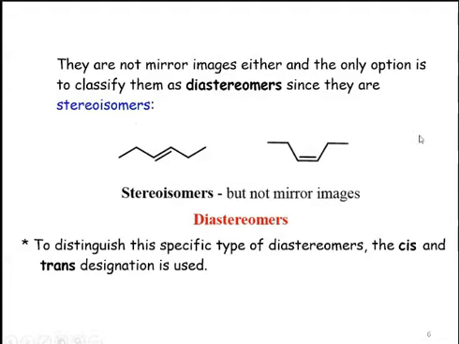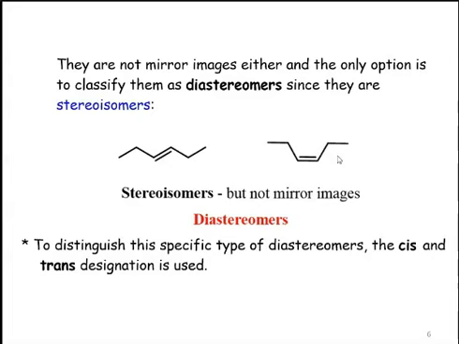Here we can see the same example. The two ethyl groups are lying on two different sides of the planar bond. Here we can see both the functional groups are similar and they are lying on the same side of this planar bond. They are stereoisomers, but they are not mirror images of each other.